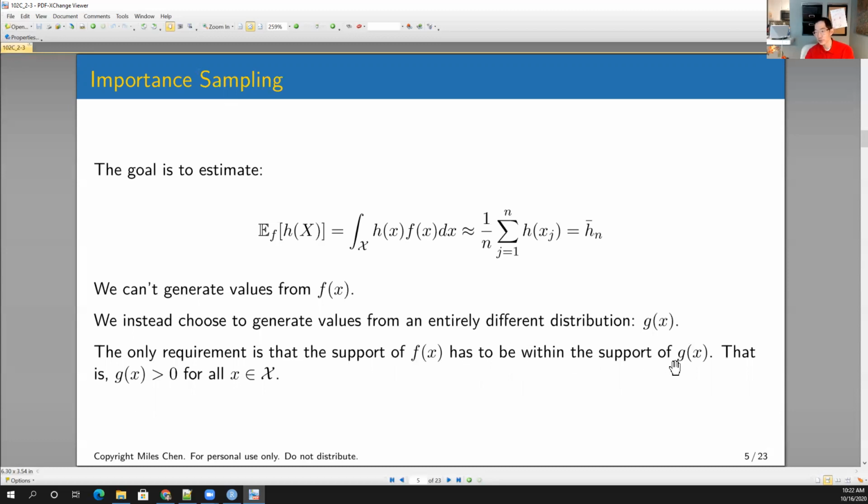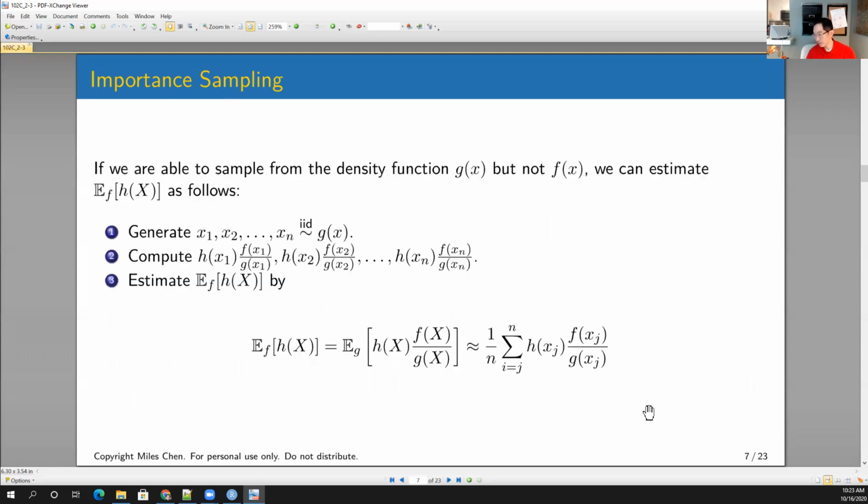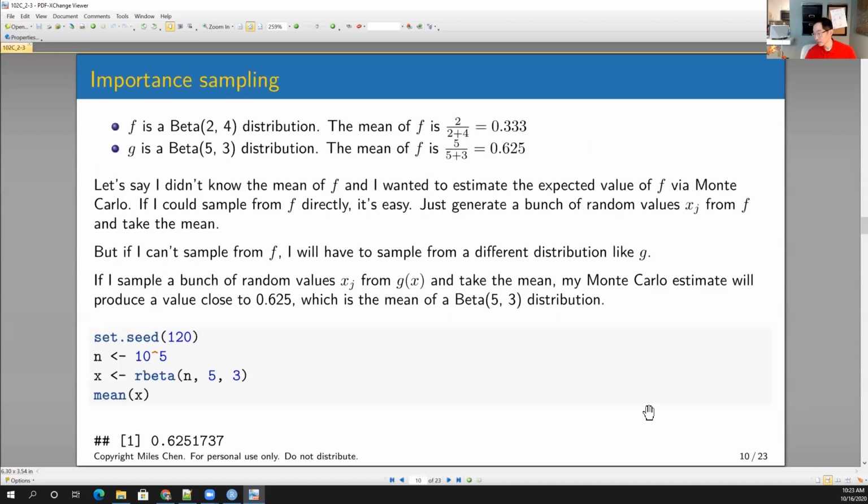Okay, so if your F is like the normal distribution, which has a support of negative infinity to positive infinity, your G distribution, your proposal distribution, also needs to go from negative infinity to positive infinity. You can't suddenly decide, oh, I only want these values or something like that, okay? So in our case, the beta 2,4 and beta 5,3, their support goes from 0 to 1.